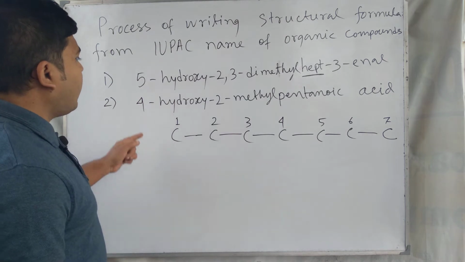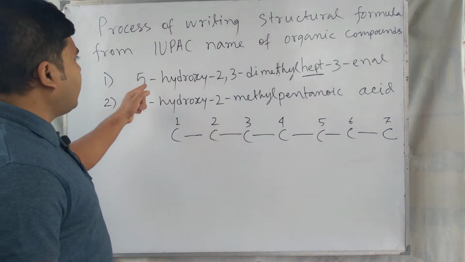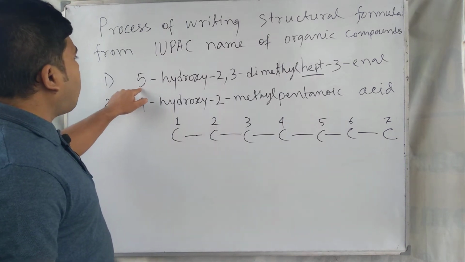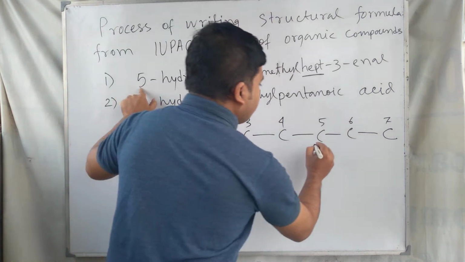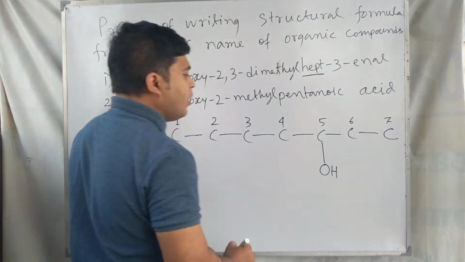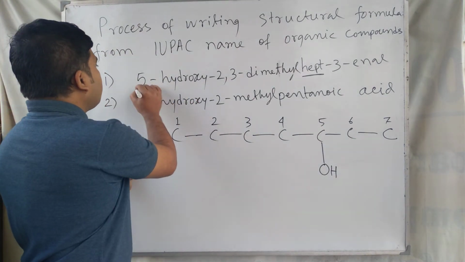Now we have to find the substituents present at the respective numbers. First, 5-hydroxy means the 5 position is this one, and we know that hydroxy means the OH group. So hydroxy is present at the 5 position.